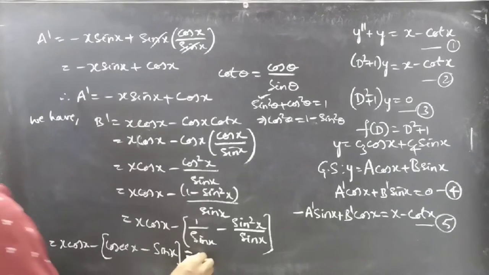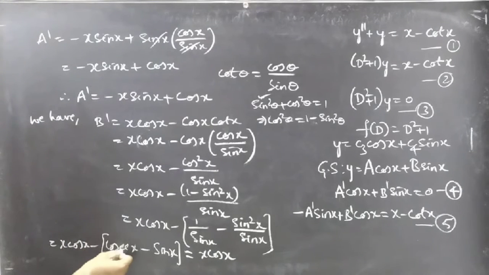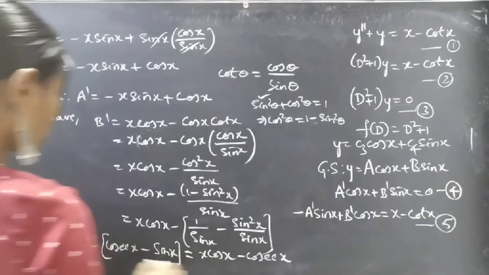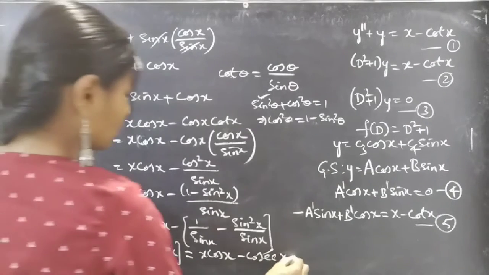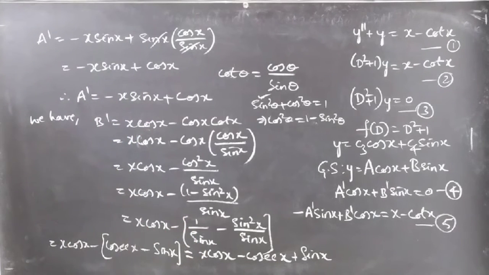And this gives us x cos x minus cosecant x, minus into minus plus sin x.